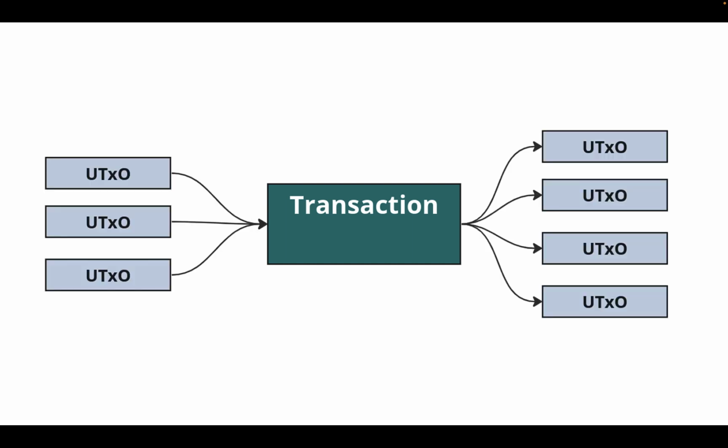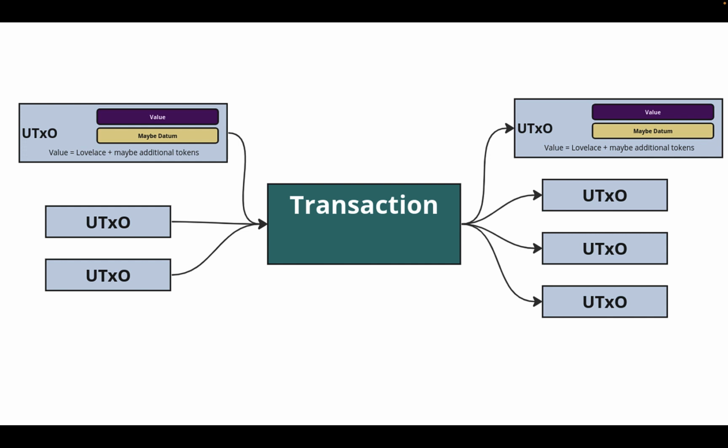Before we go any further, let's think about what we already know about transactions. First of all, you should be familiar with the concept that every Cardano transaction takes a set of one or more UTXOs as input and creates a new set of one or more UTXOs as output. If we're being a little bit more specific, we can talk about what is represented in each of these UTXOs.